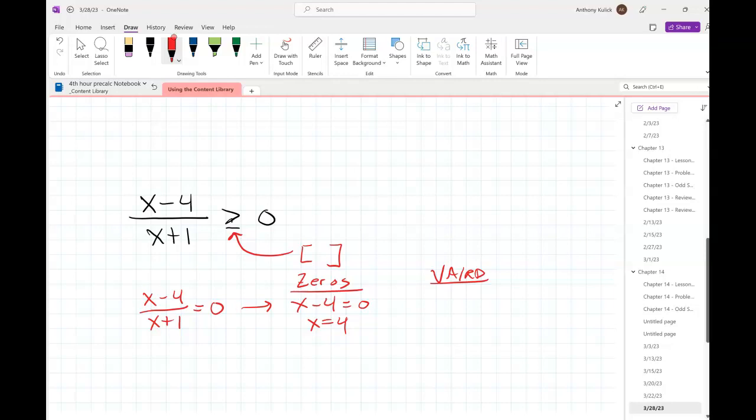How do I get those? How do I find those? Great, set the denominator equal to 0. We just did this, guys.